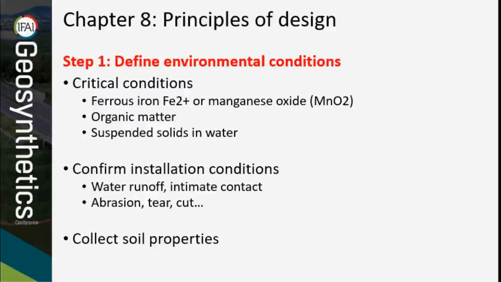So we identify those issues. Prevent abrasion, tear, cut of the geotextile before it's covered, etc. Of course, an important part of the environmental conditions is the soil properties. What kind of soil is going to be filtered.